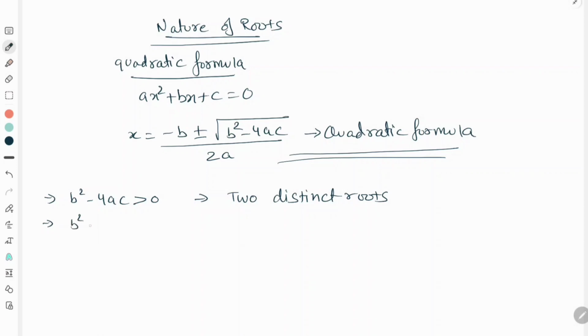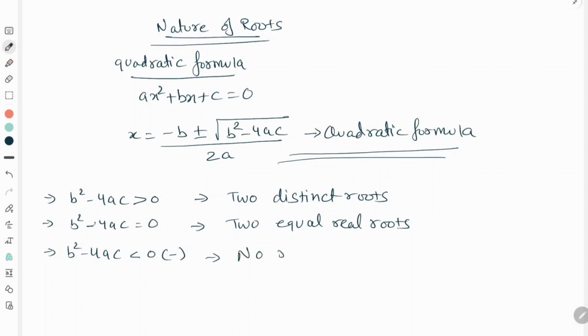If we have b square minus 4ac equal to 0, it implies that we have two equal real roots. And if we have b square minus 4ac less than 0, which means a negative number, then we have no real roots.